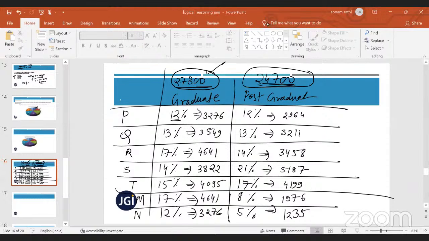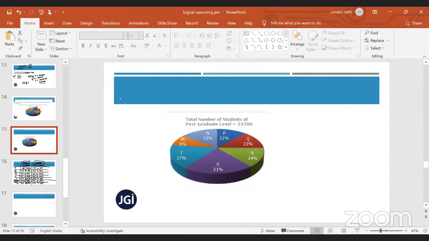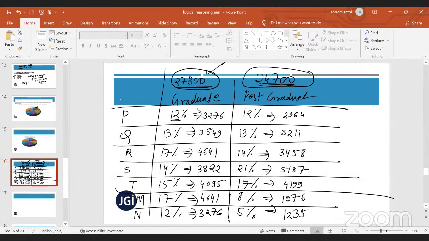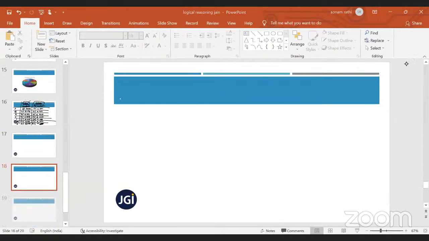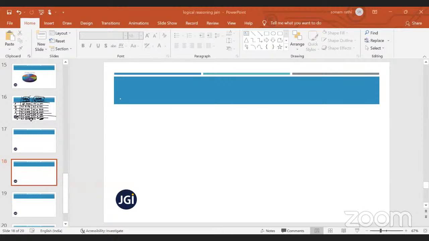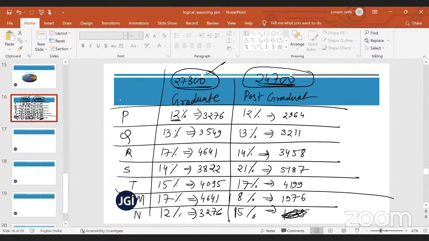We can easily do pie to table, right? For PGN it is equal to 15. Let me check. Yeah, sorry, I have written it wrong. This is 15, so this number also changed. The number will now be 3705. That's how you change the same data.